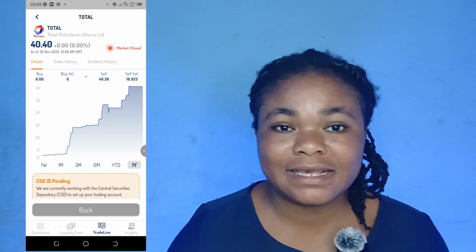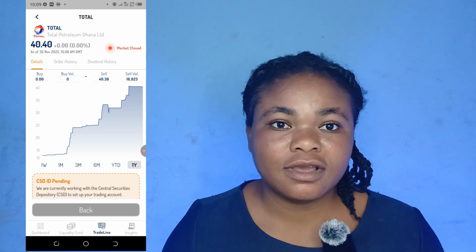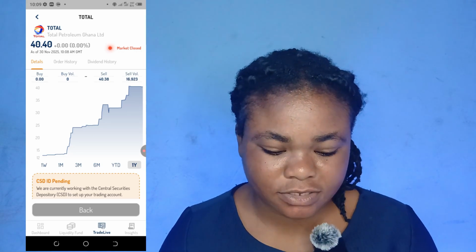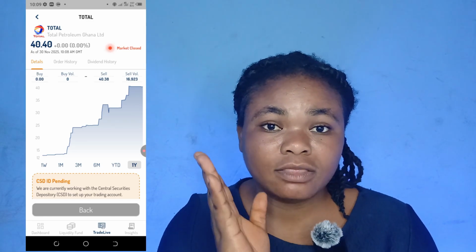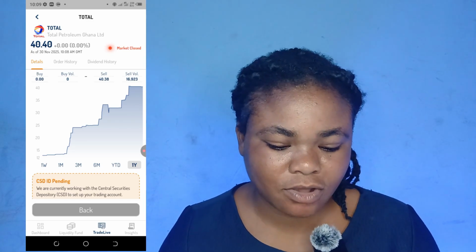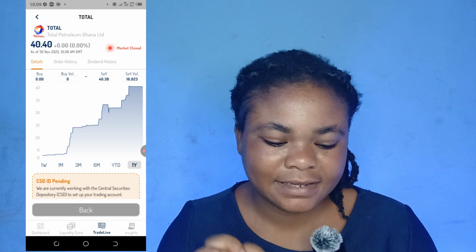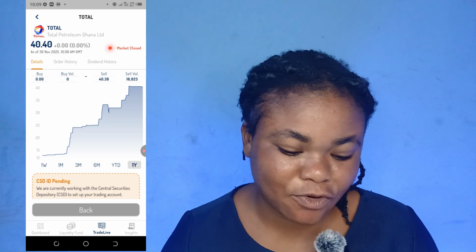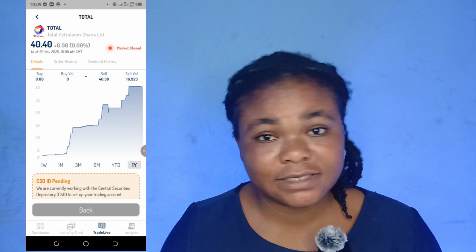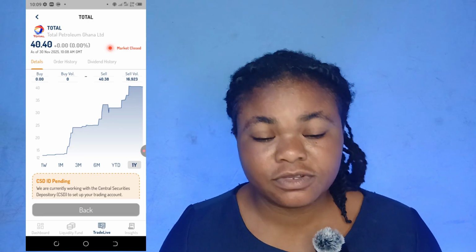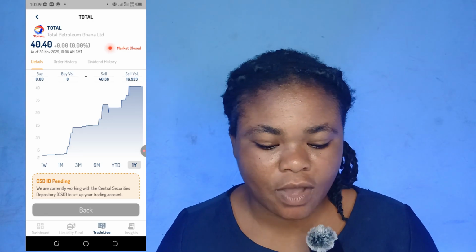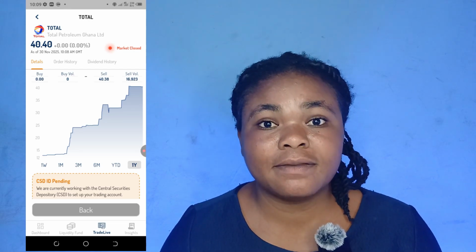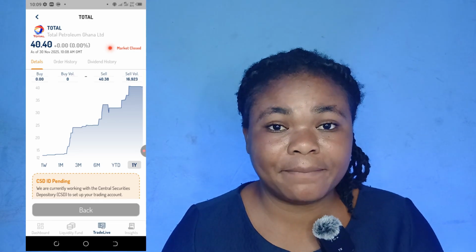As I already explained with MTN stocks, it's the same thing with Total. The buy price is 0.00 because today is the weekend. I don't know, maybe it's a market code, that's why it has appeared like that.